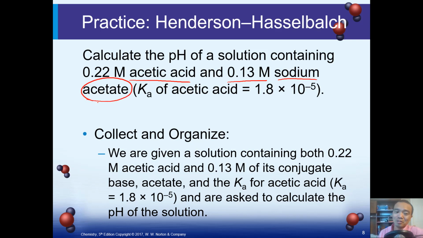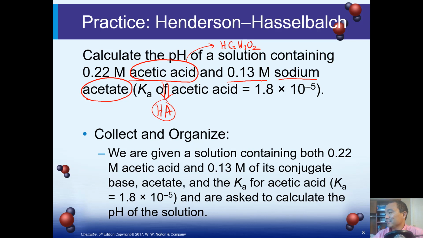So when you look at this situation, first you have to recognize this is a buffer, because inside this mixture you have acetic acid. This is the weak acid. You can write HA. Of course, if you really want to write the formula, we do know it would be HC2H3O2, but we simply use HA to represent it.